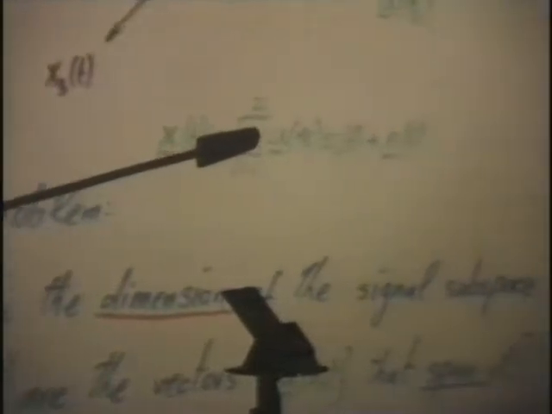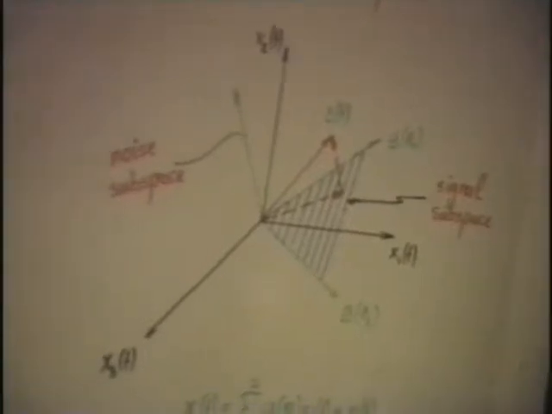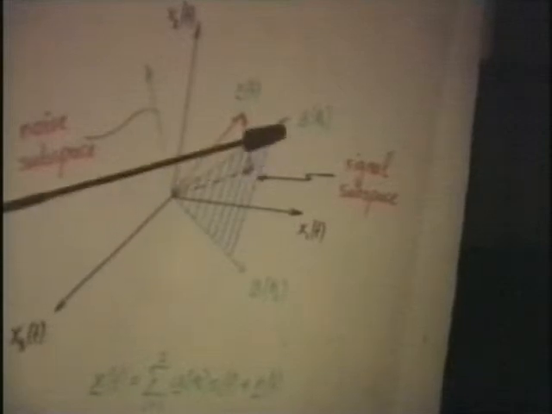So in this case, x of t is simply given by a linear combination of a theta 1 and a theta 2, because a theta 1 is a vector times a scalar plus another vector times another scalar. So x of t is simply in the span of a theta 1 and a theta 2. So when there is no noise, x of t is confined to the space spanned by this A of theta. For this very obvious and natural reason, we refer to this subspace as the signal subspace.